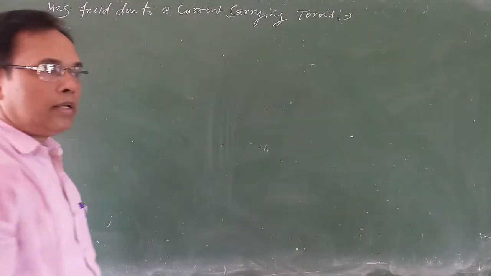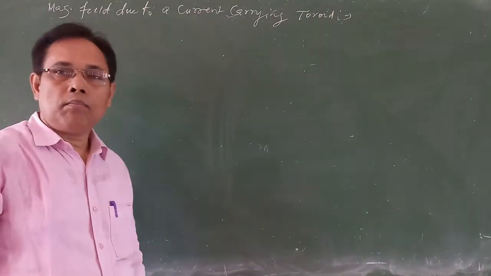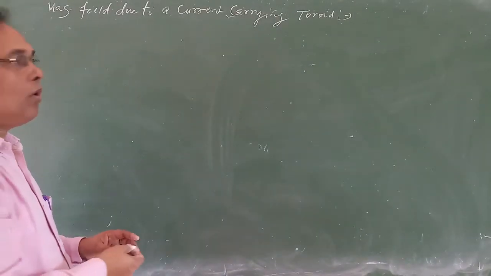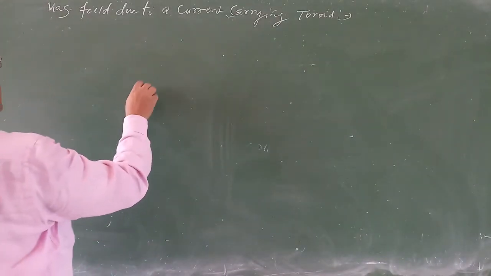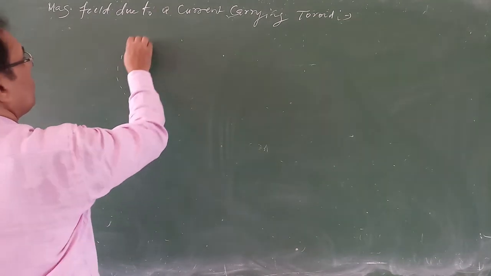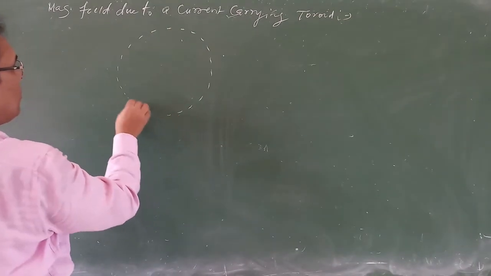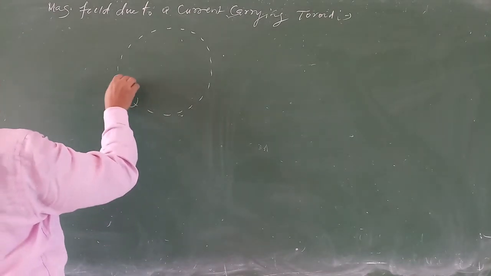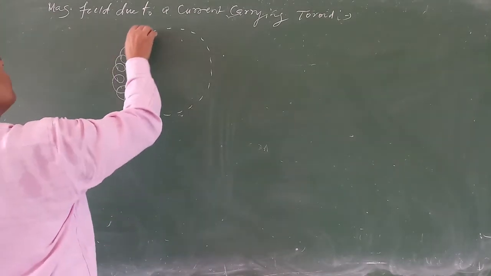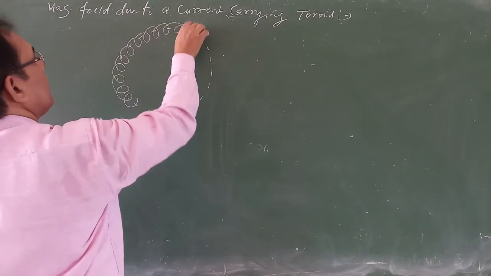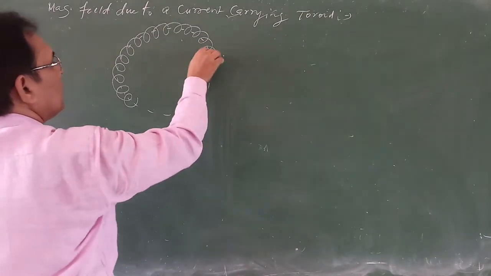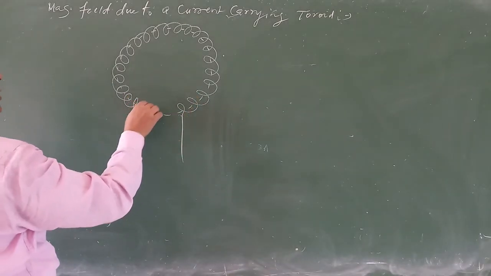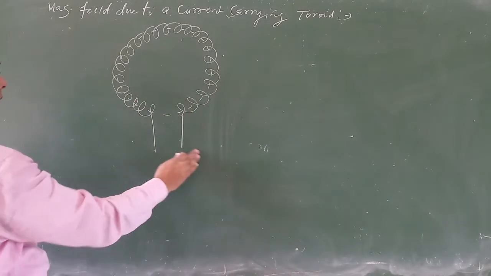A toroid is a large number of turns of wire in the form of a ring. If you take a large number of turns of wire in the form of a ring, this is called a toroid.